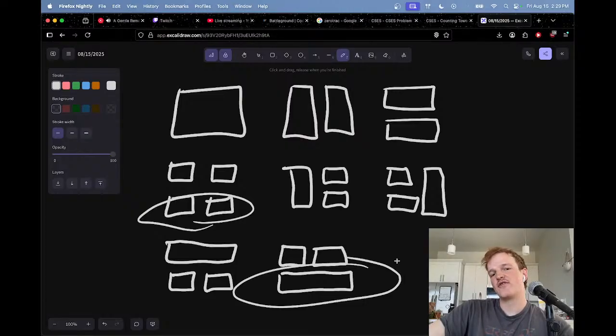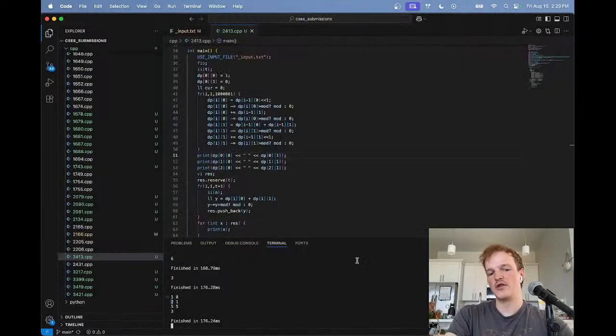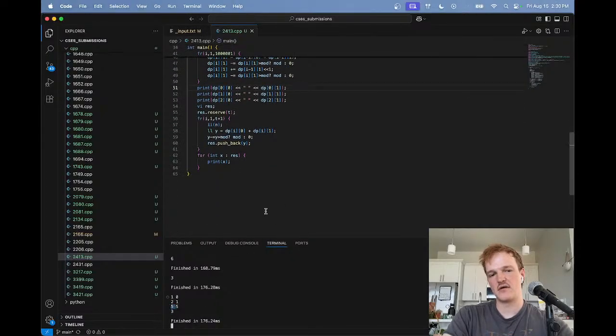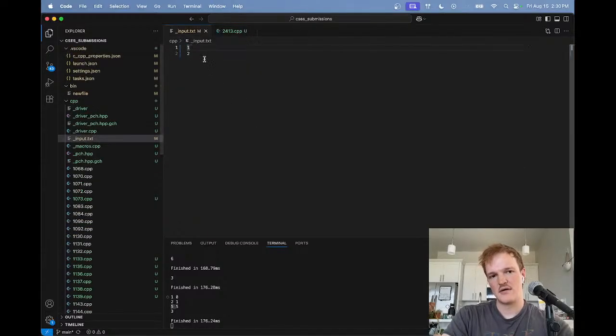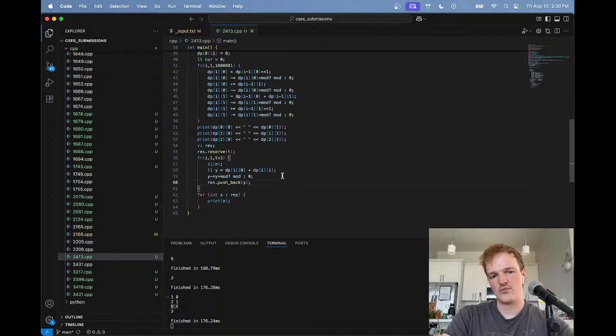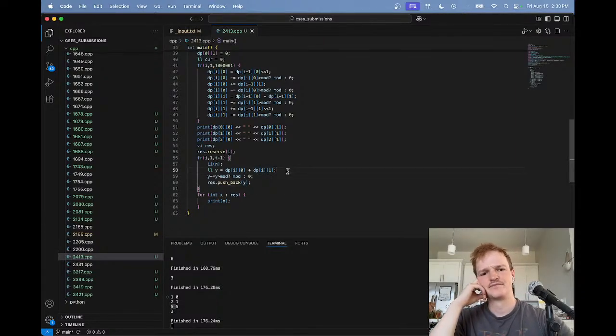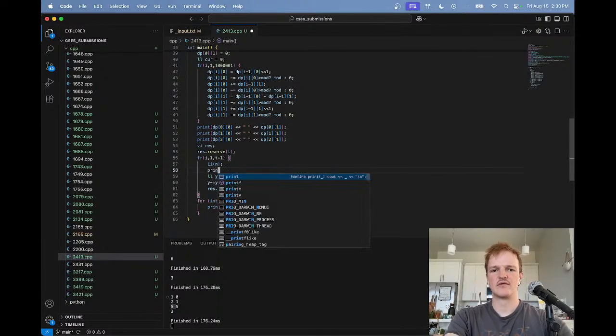And the rest of these I could entirely extrapolate from 1, 1. So 1, 1 should give like 5, 3. Also, why is this returning 3 if it's 5, 5? If that's 5 and 5, DP at I at 0 plus DP at I at 1. That's actually kind of weird.